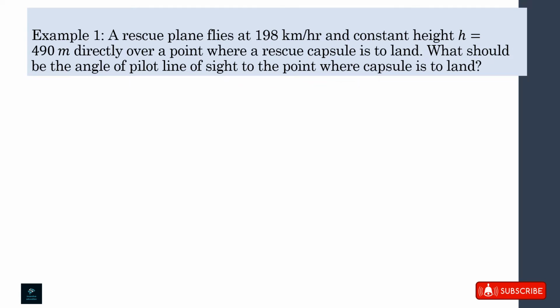So we are given the magnitude of velocity of the plane, and we are given that it is flying at a constant height. So we know that the plane is flying horizontally and it is flying at a height of h equal to 490 meters directly over a point where the rescue capsule is to land.